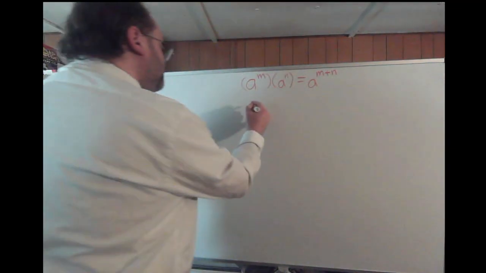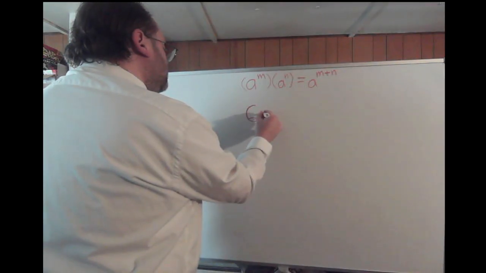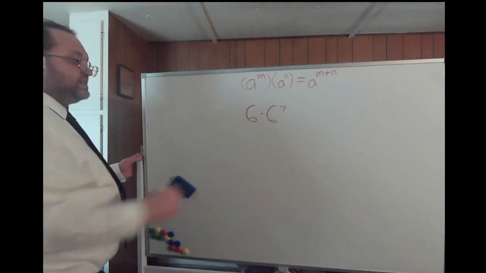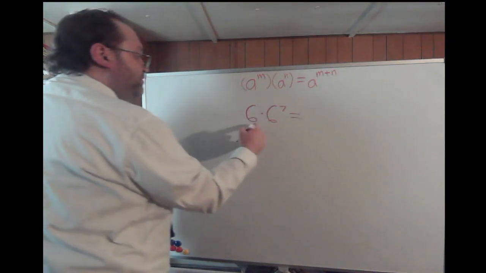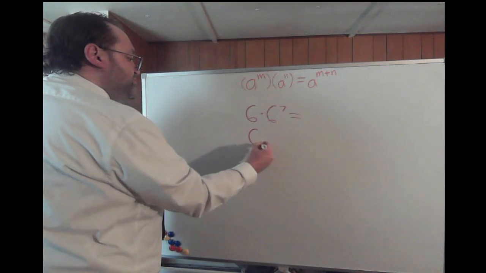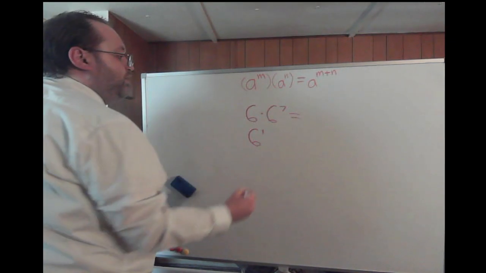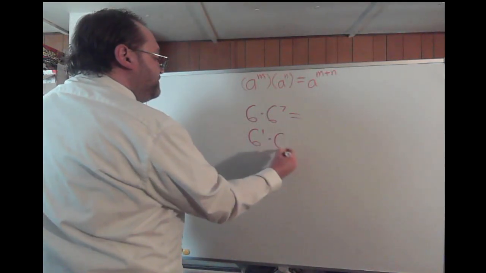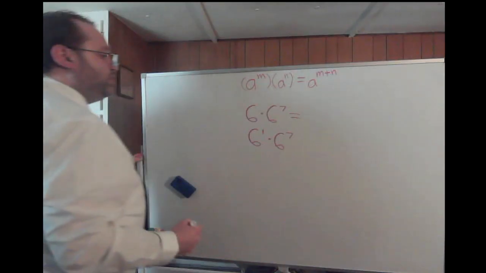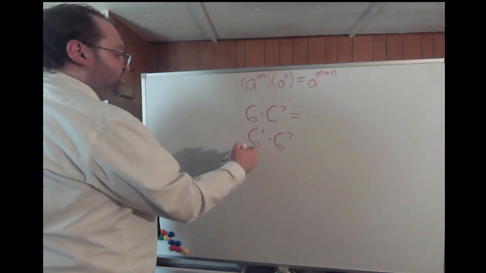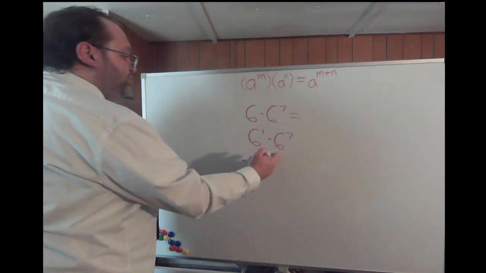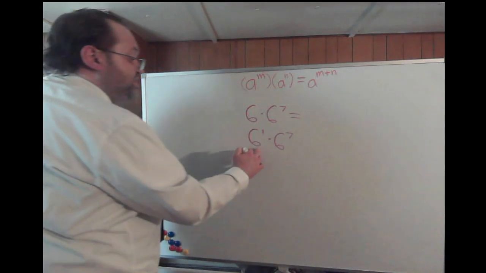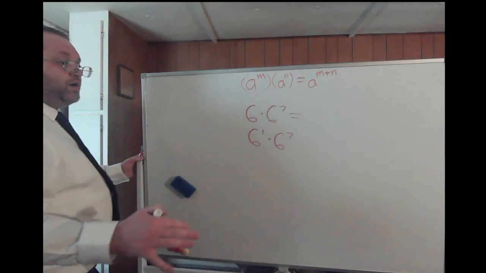Okay, we have 6 times 6 to the 7th. I would rewrite that 6 that's by itself as 6 to the 1st power, because that's what it is. So you have 6 to the 1st times 6 to the 7th. Since we have the same base, otherwise it won't work.